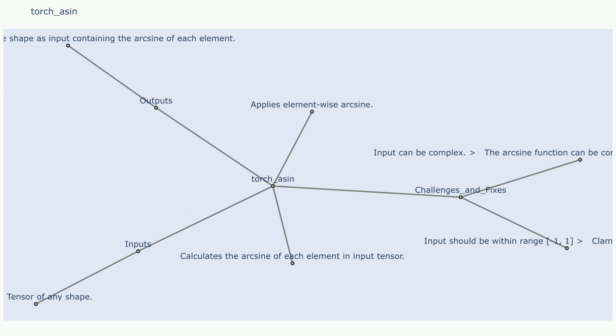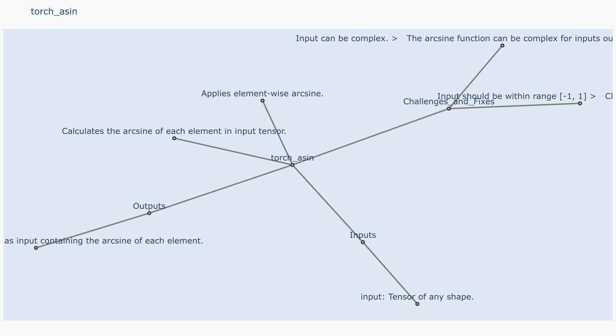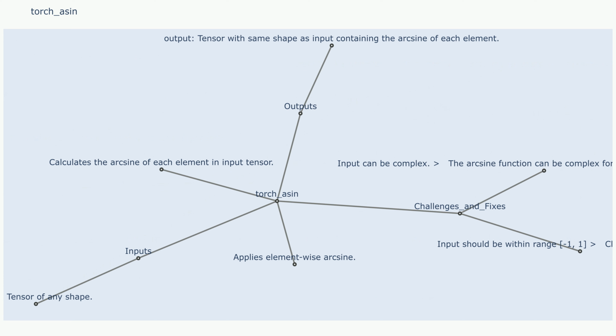The elements of the input tensor must be within the range -1 to 1. Outputs. Output 1: output tensor, a tensor containing the arcsine values of the input tensor elements. The output tensor has the same shape as the input tensor and contains values in the range -pi/2 to pi/2.